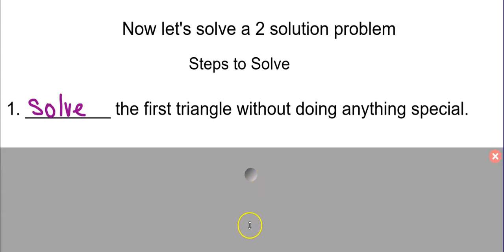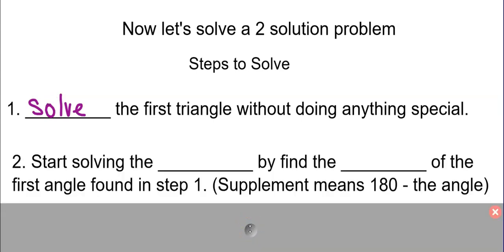The second step is going to take a look at solving the second triangle by finding the word that hopefully you guys know, supplements. We talked about supplementary angles before, I think in Math 2 maybe.